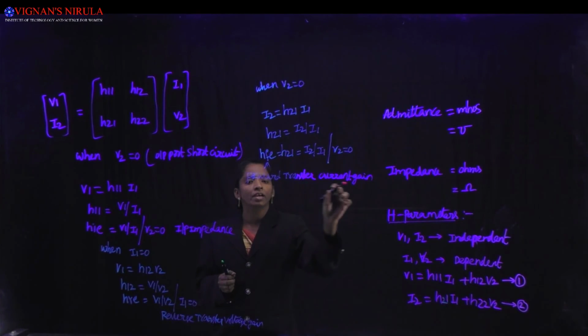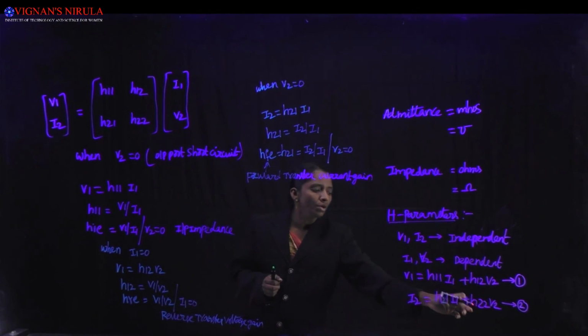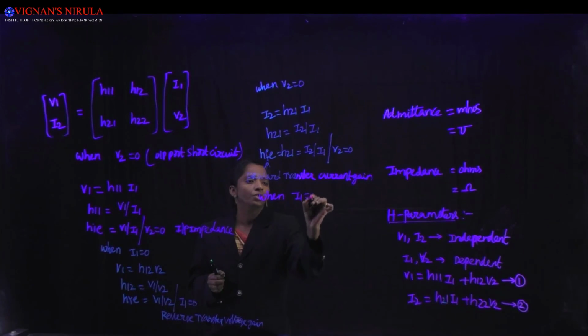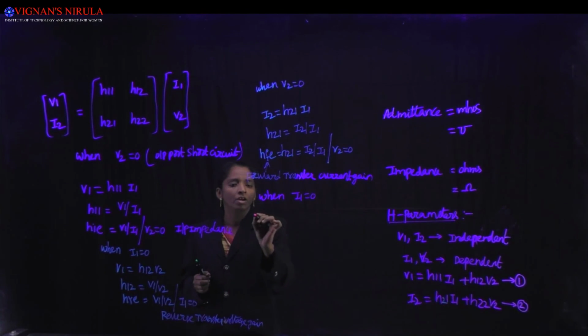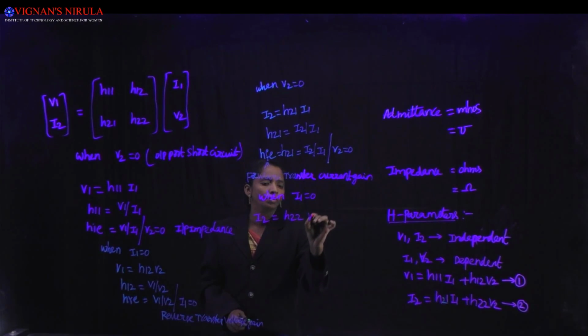Forward transfer current gain. Now I am going to calculate H22. To calculate H22, I1 should be 0. When I1 equal to 0, then the second equation, I2 will equal to H22 V2.